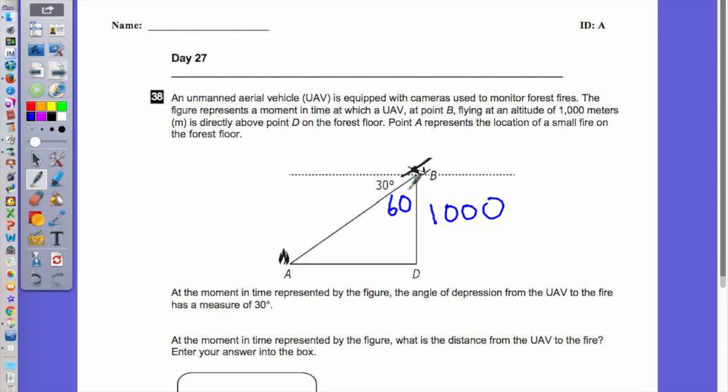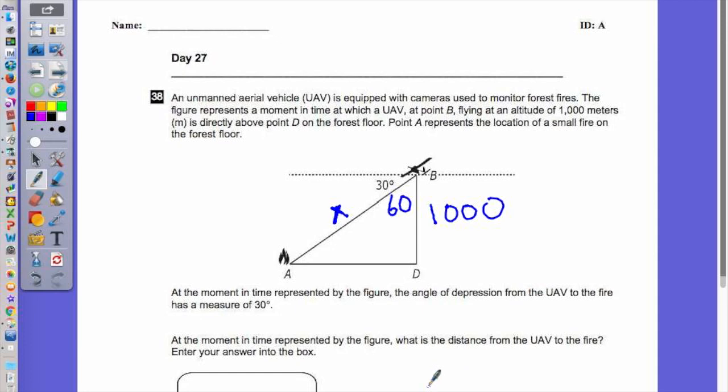Okay. Guys, if this is 30 degrees, this is 60, right? So we want to know, what is the distance from the drone to the fire? We are actually finding basically the hypotenuse. We have a 60-degree angle. We have the adjacent.